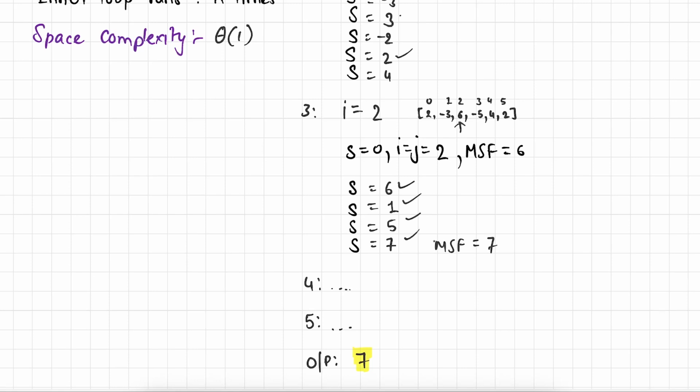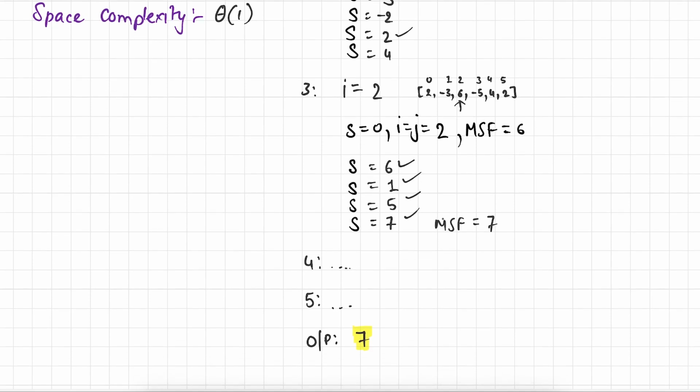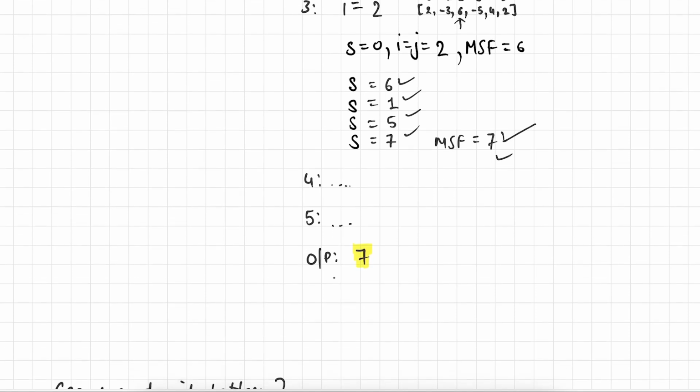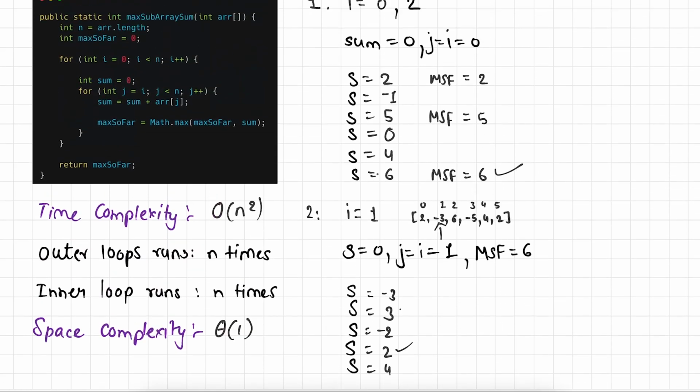So now we found a number that is greater than maximum so far. So we update our maximum so far to 7. And similarly this loop continues for the other elements as well, for index 3, 4 and for index 5. But we are never going to get a number that is greater than 7. So the output of this input is going to be 7. This is the maximum sum of subarrays present in this array.